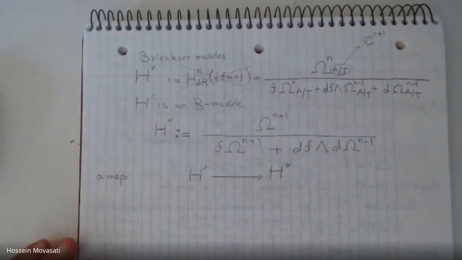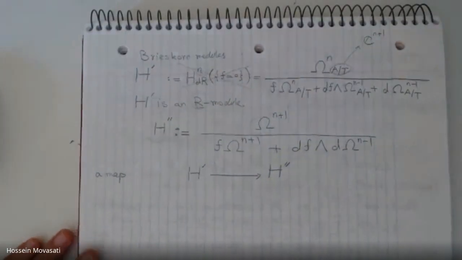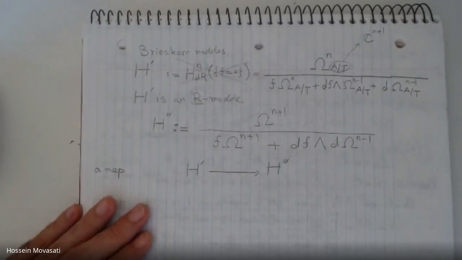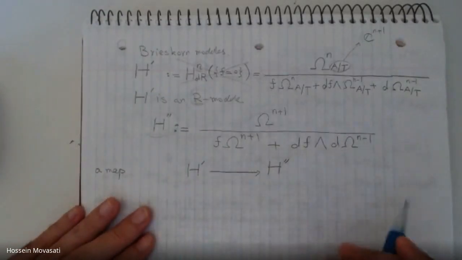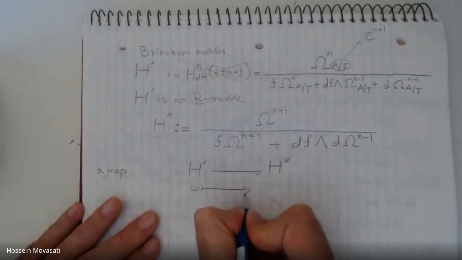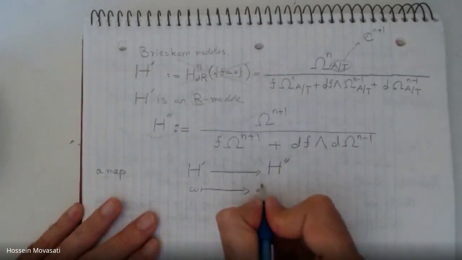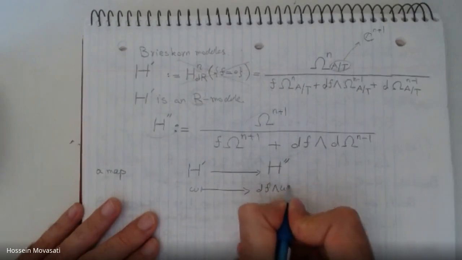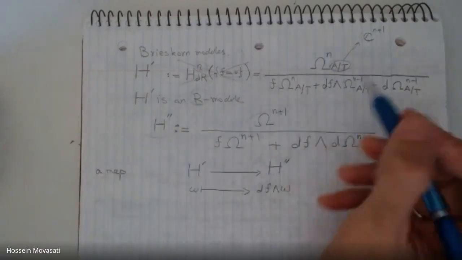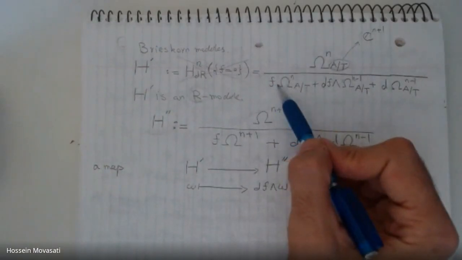H prime. This map in our complex context will be an isomorphism, but in our general algebraic context it will not. So this omega goes to df wedge omega. This is a well-defined map. Let's check the well-definedness.